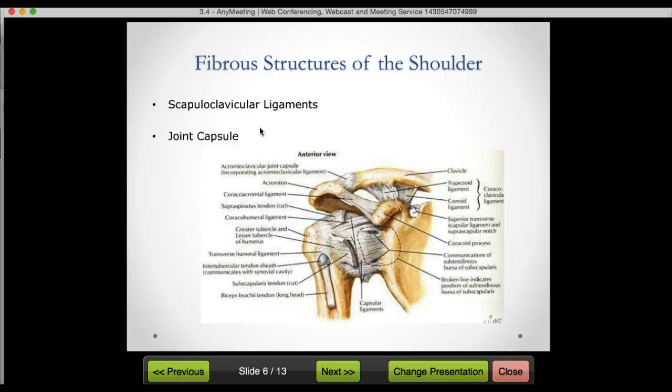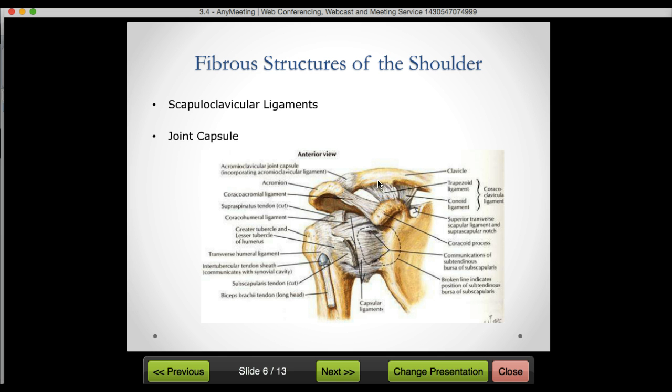So we have the scapulo-clavicular ligaments, which, as you can see in the name, are based on the scapula and the clavicle, the clavicular, right? So they originate on the scapula via the coracoid process and attach to the clavicle, and that keeps the clavicle itself pinned down.